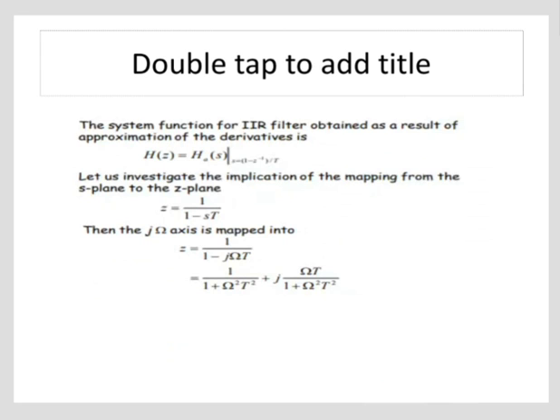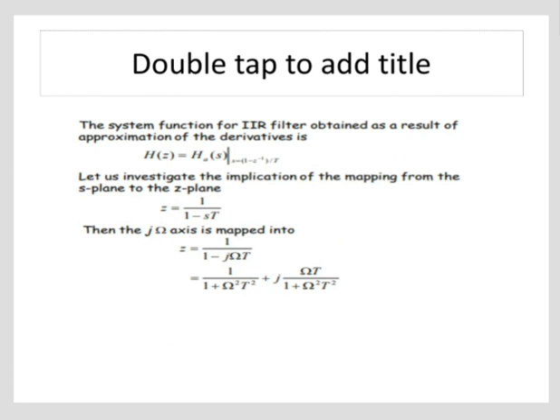The system function for the IIR filter obtained as a result of approximation of the derivative is H(z) = H(s). Let us investigate the implication of the mapping from the s plane to the z plane, where z = 1/(1 - sT).